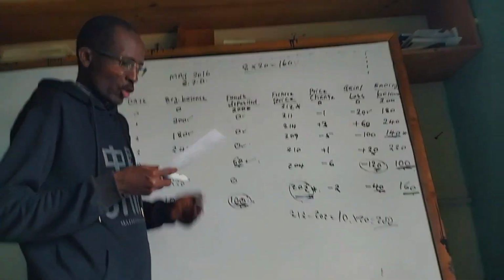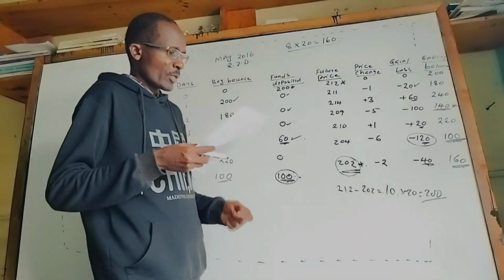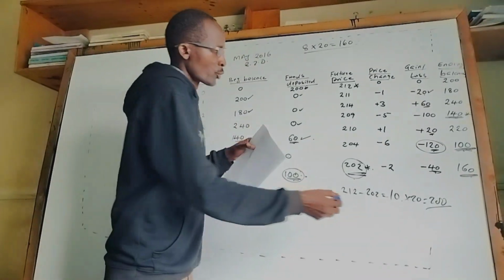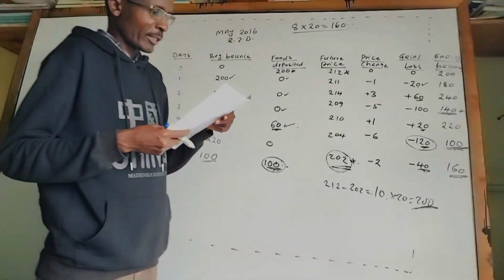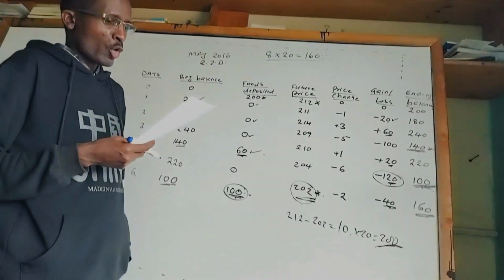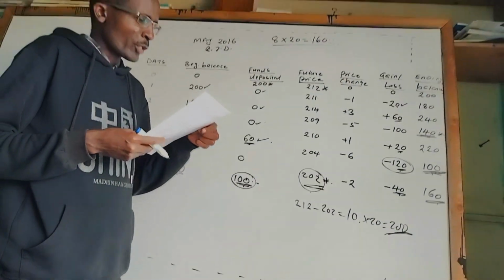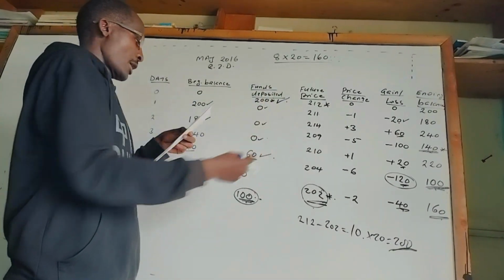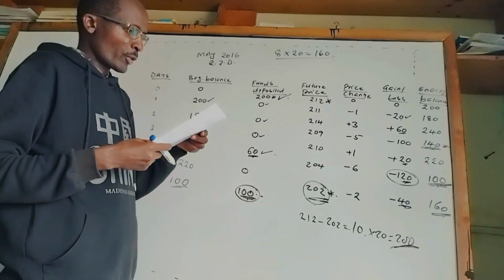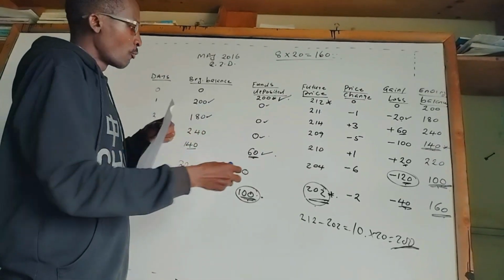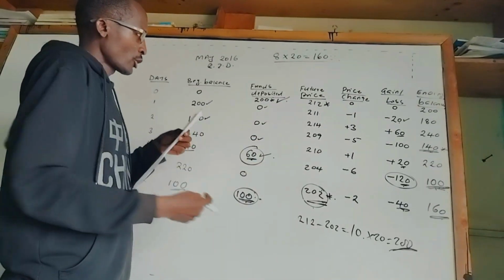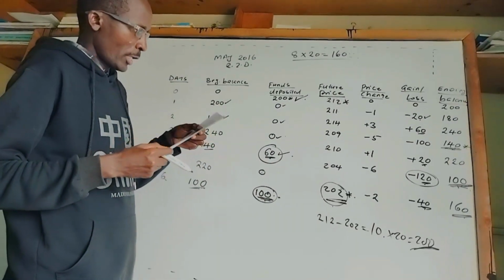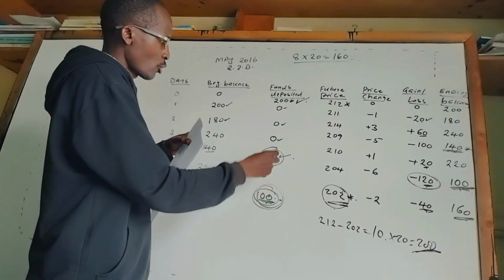You should also look at your loss so far as follows. You initially deposited $200 followed by margin calls of 60 and 100. Those are the only margin calls here.